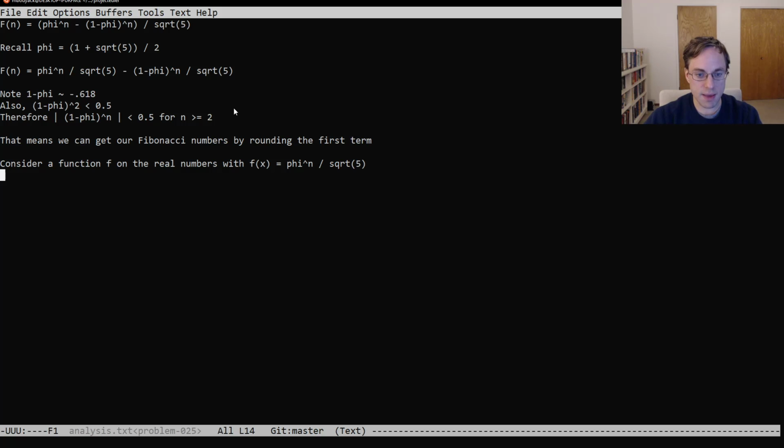The only reason I'm making a distinction here is that our Fibonacci sequence is only on the integers, and by considering inputs and outputs that are not integers, that will let us use the techniques of classical analysis to help us track down our solution.